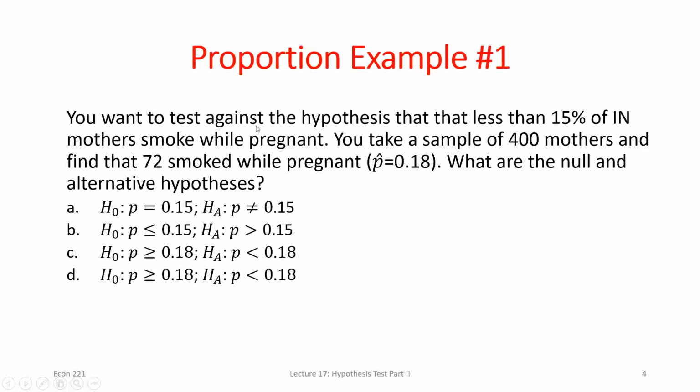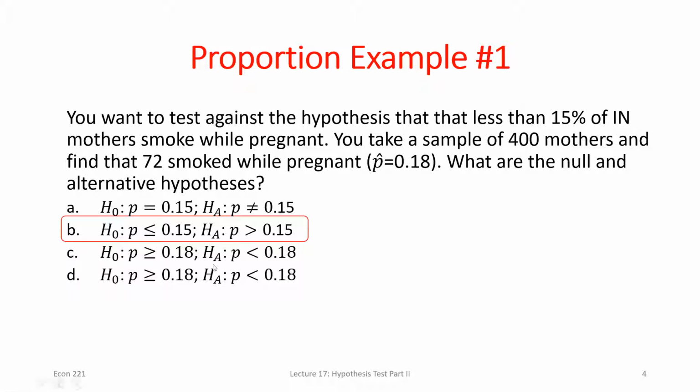On exams, I won't be writing it as what you're testing against. I'm always going to say this is what you want to test for, that's your alternative hypothesis. But if you ever did see it phrased as the hypothesis you test against, that is actually your null. So if this is our null and alternative hypothesis, what kind of tailed test do we have here?